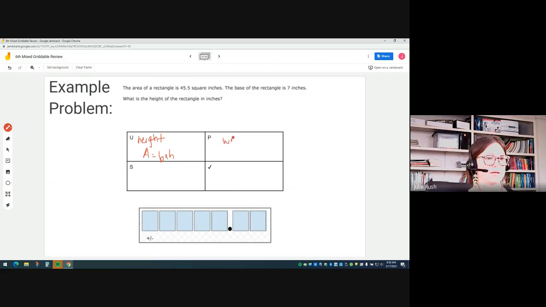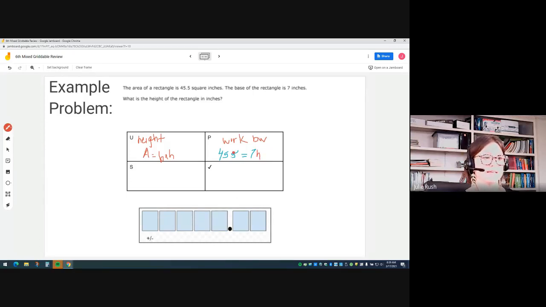I'm going to work backwards because they gave me my area. So they told me my area was 45.5. And they told me that equaled my base, which is 7, times my height.